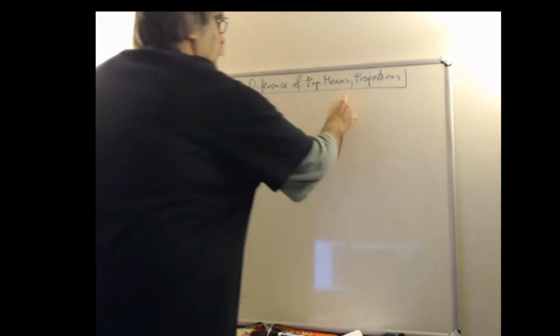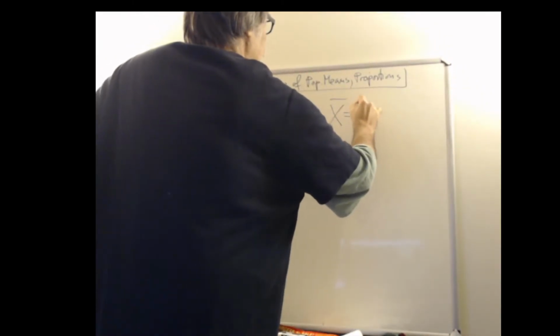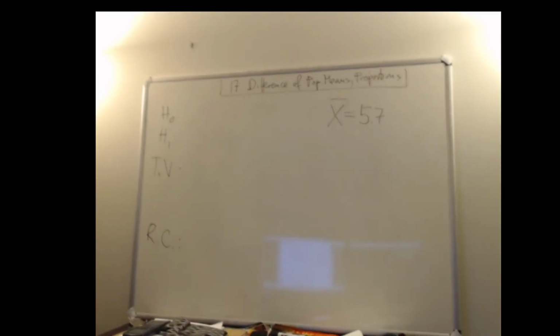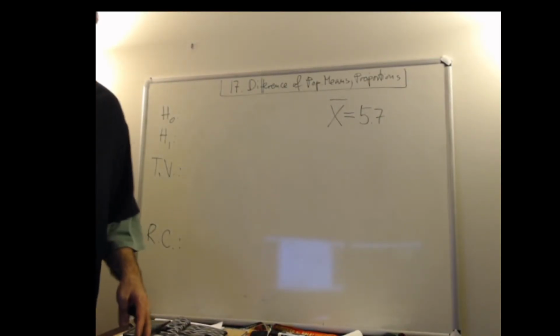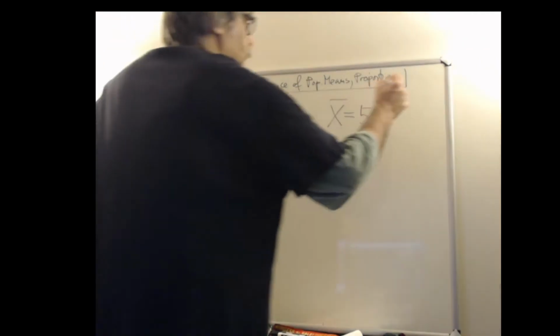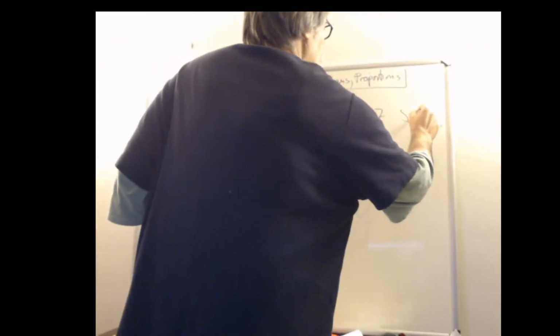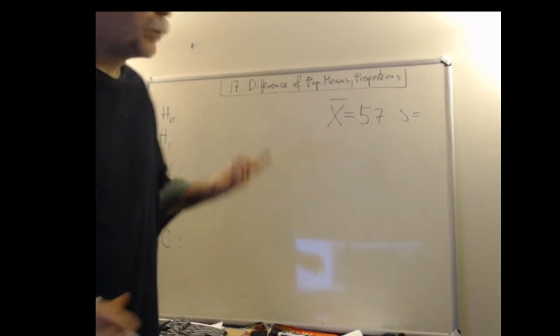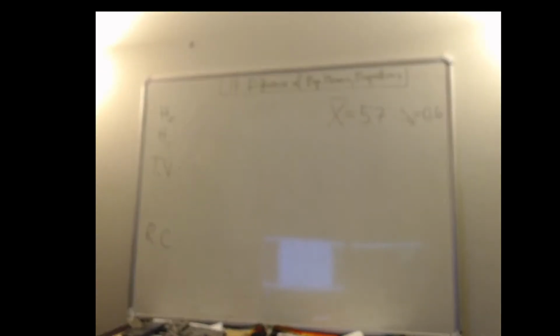the weight was 5.7 pounds, while the standard deviation in this group of hens was, I'm reading the example, 0.6 pounds. That's a special diet.